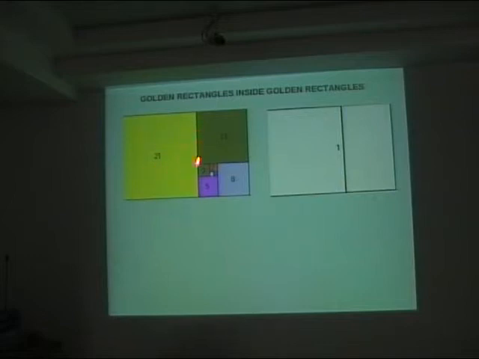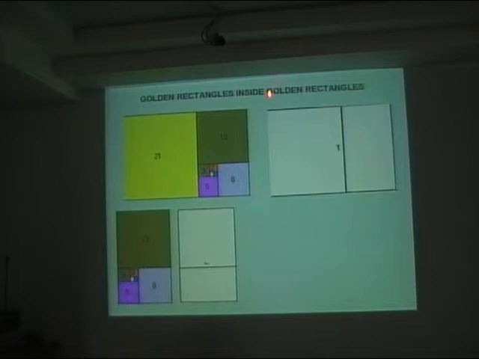For the time being, they are only to identify parts of this. This part 21 is a square, and what we have over here is another golden rectangle. If we consider that part down here, it's got a square in it, and what's added onto that square is another golden rectangle.